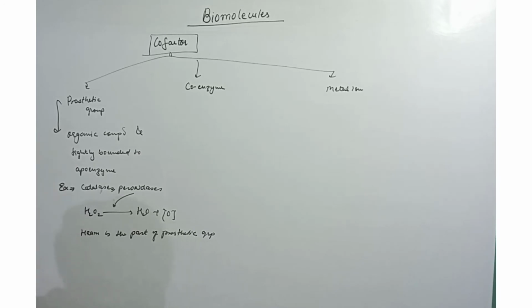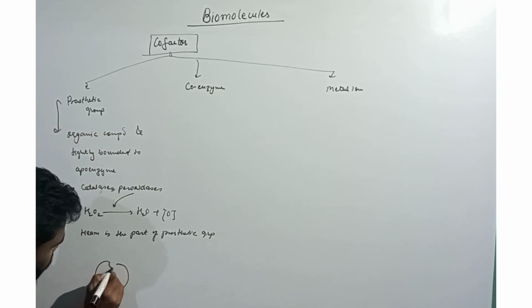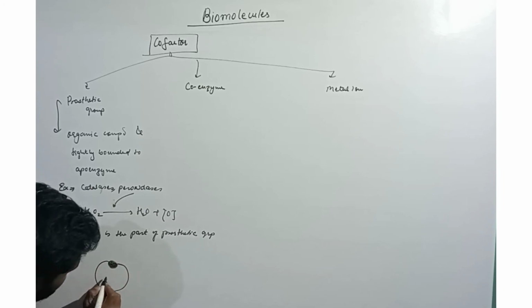This is how the prosthetic group works: it is an organic compound and is tightly bonded to the apoenzyme.